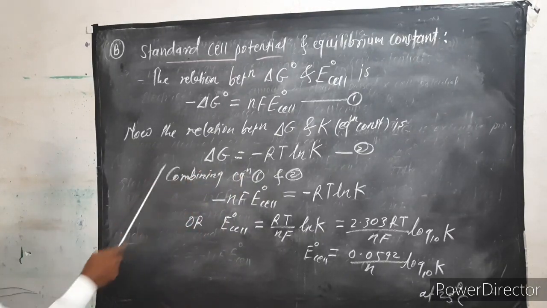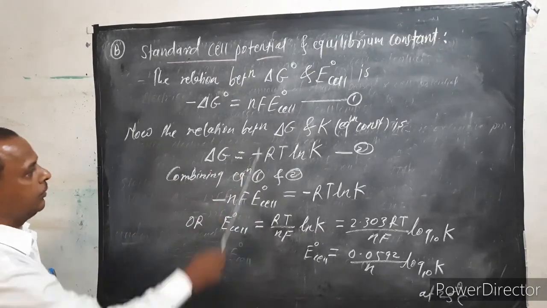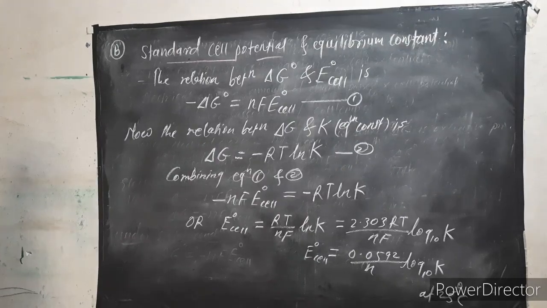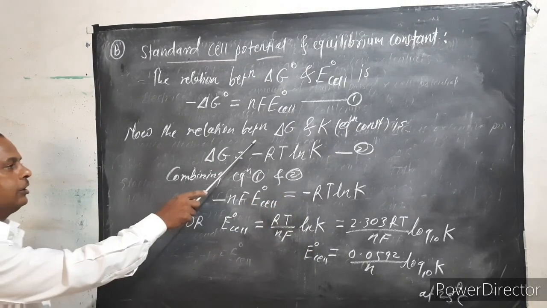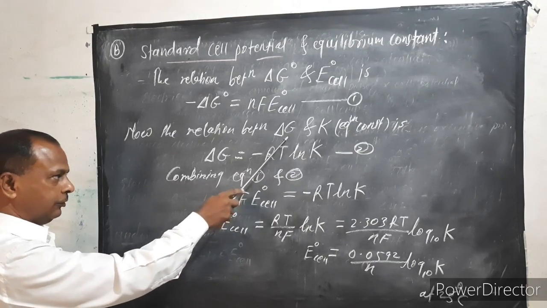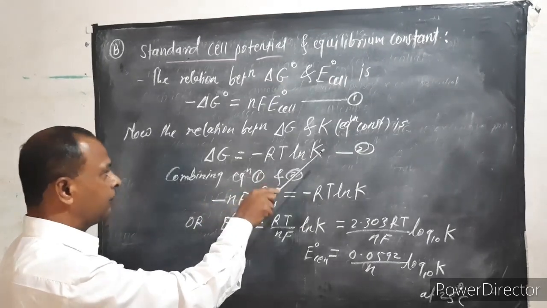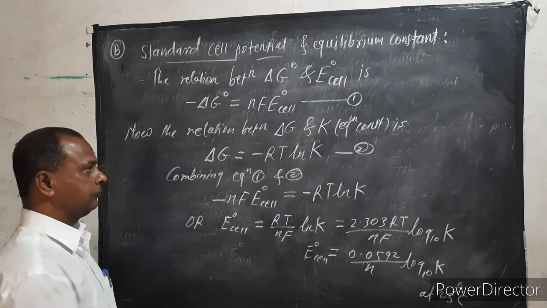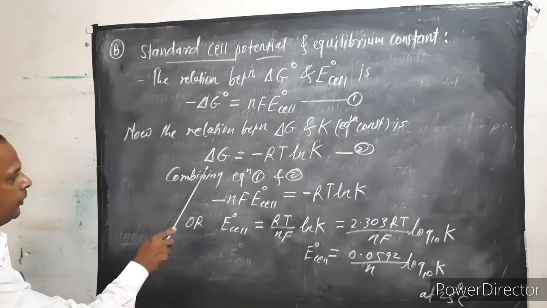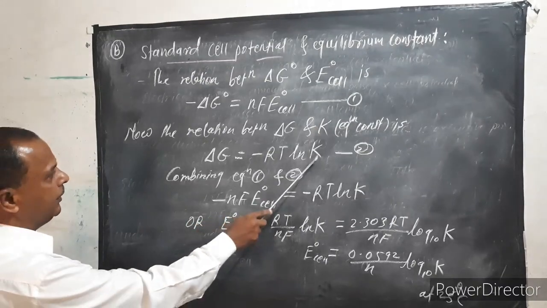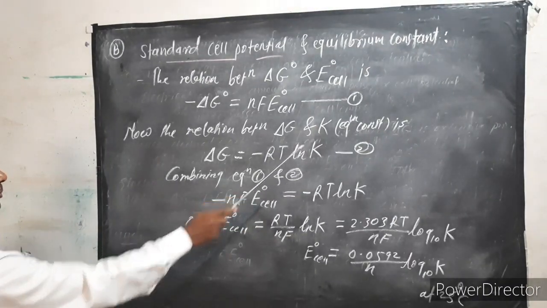Okay, this is equation 1. Now the relation between the change in Gibbs energy and the equilibrium constant K of the cell reaction: delta G is equal to minus RT ln K. This is equation 2.